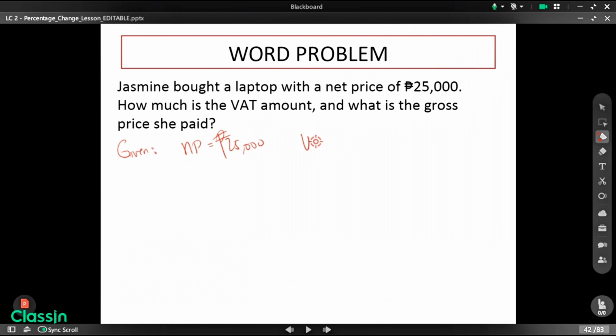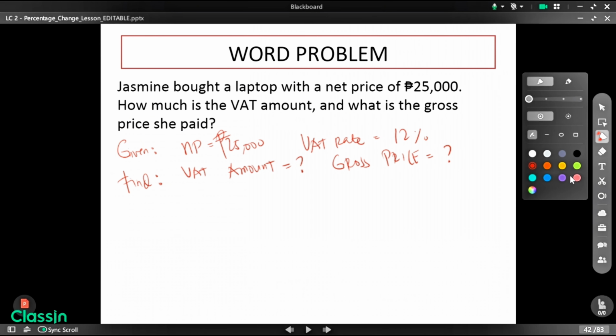And of course, we know that the VAT rate is 12% in the Philippines. So what do we need to find? VAT amount and then the gross price.